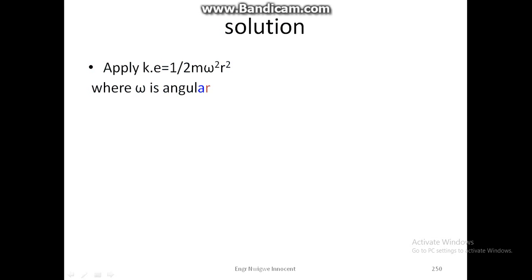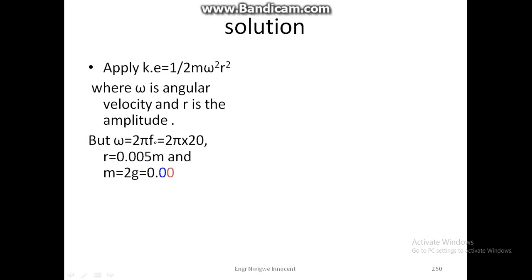Solution. Apply KE equals half m omega squared r squared, where omega is the angular velocity and r is the amplitude, but omega is 2 pi f, which equals 2 pi times 20. r equals 0.005 meters and m equals 2 grams, which equals 0.002 kilogram.